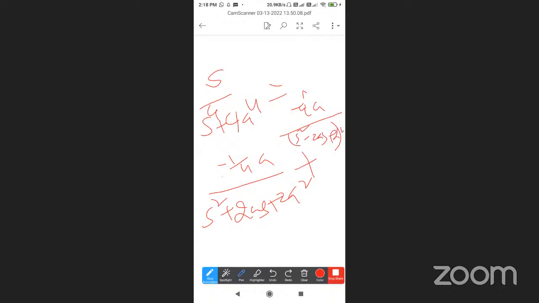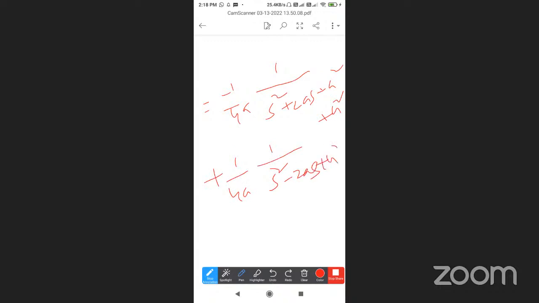So the inverse Laplace transform is very simple. Minus 1 by 4a into 1 by s square plus 2as plus a square plus a square, plus 1 by 4a into 1 by s square minus 2as plus a square plus a square.